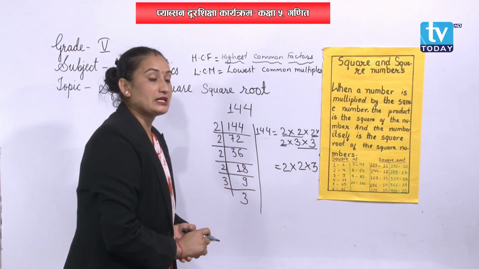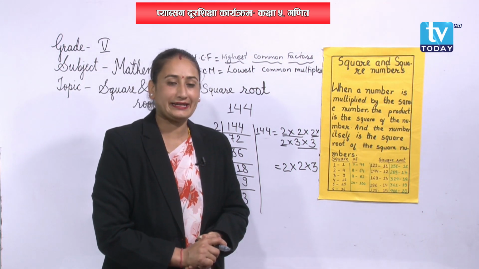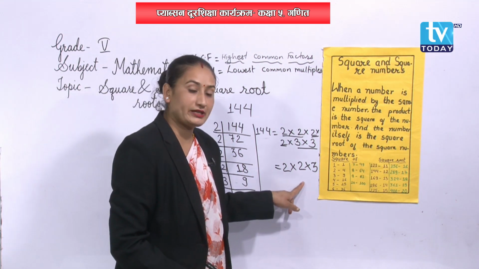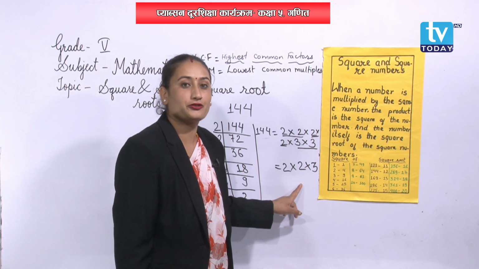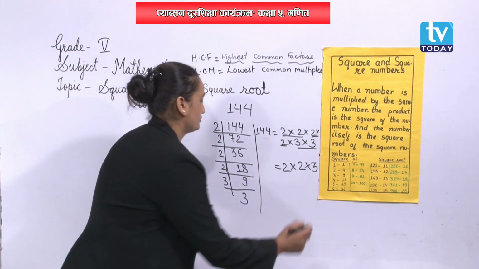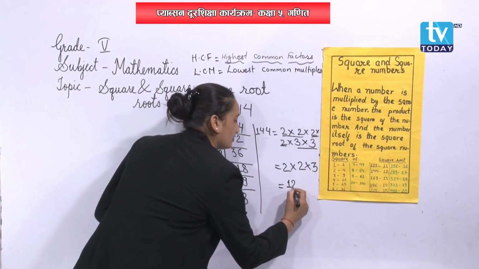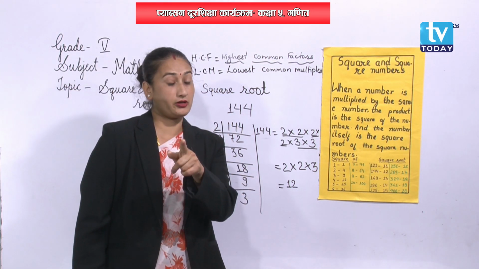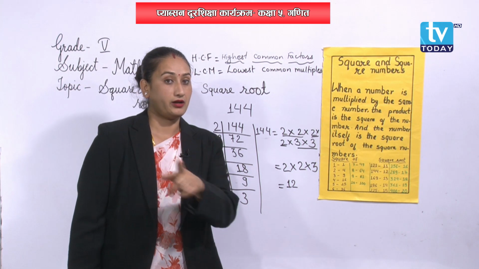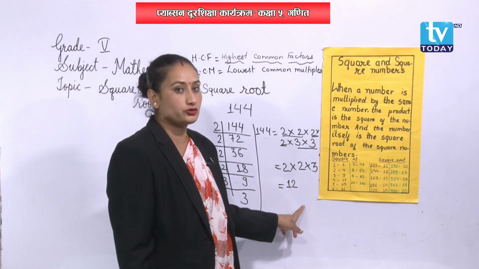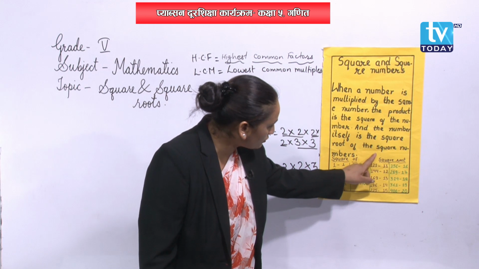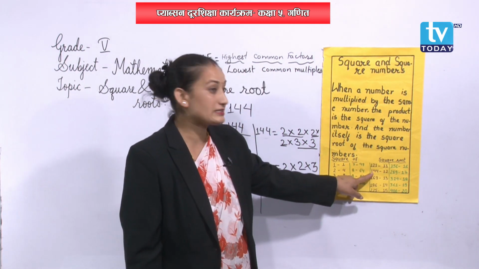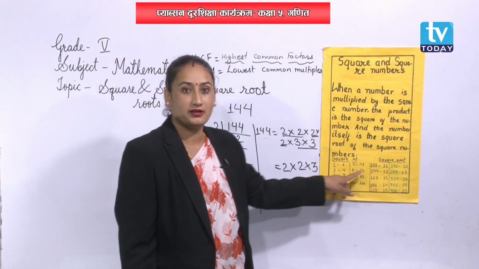Okay. So now can you multiply it? 2 times 2 is 4. 4 times 3 is 12. So can we write here? Okay, students. Now, have you remembered the square numbers from before? What is the square of 12? Let's check what the square of 12 is. Oh, it's 144. It's correct.